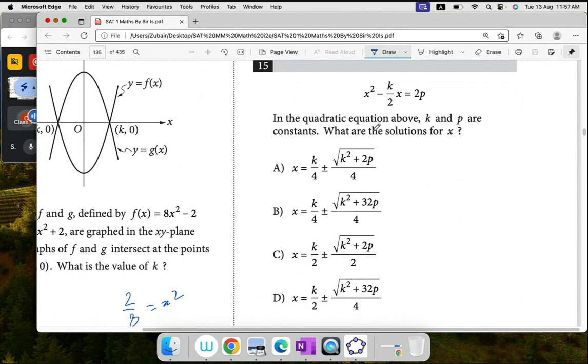15th. In the quadratic equation above, k and p are constants. What is the solution for x? Oh, that's so nice. So quadratic equation, a is equal to 1, b is equal to minus k by 2, and c is equal to minus 2p.